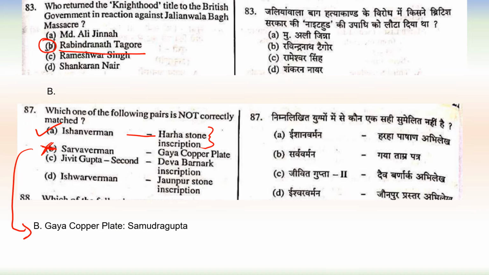C. Jivit Gupta II, that is in Dev Barnag inscription. This is also correct. Iswar Varman, Jaunpur stone inscription. Yes, this is also correct. So in Gaya copper plate, it is Samudragupta.